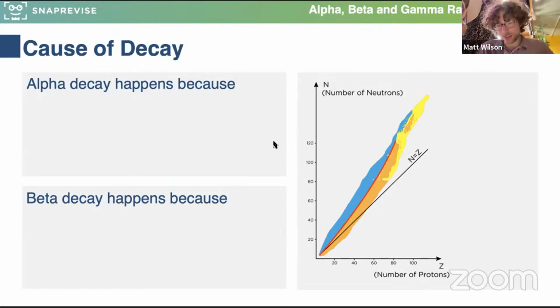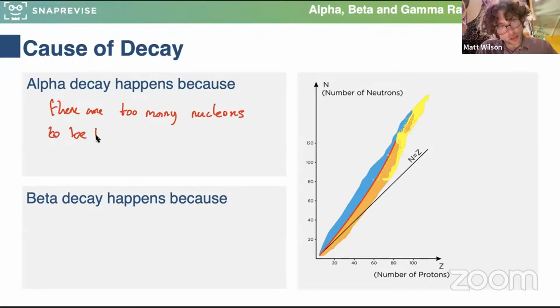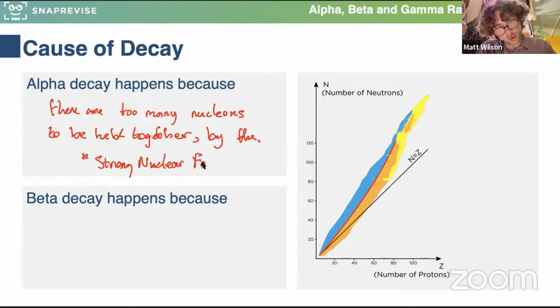Alpha decay specifically happens because there are too many nucleons to be held together. That's why they'll break away. Held together by what, though? Well, by the force that holds nucleons together. So which force is that? There's too many nucleons to be held together by, and don't worry if you haven't heard of this before, the strong nuclear force.